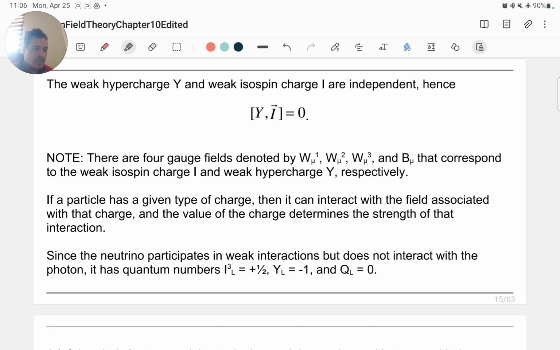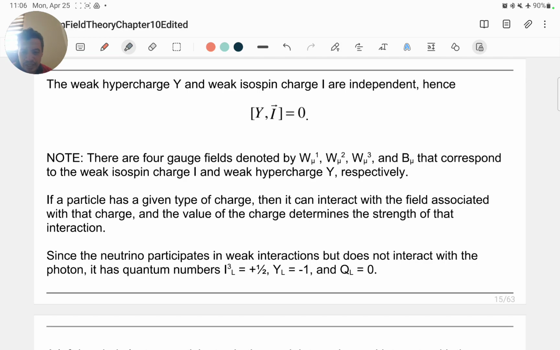In any case, the neutrino has a charge of 0, so it does not participate in electromagnetic interaction.